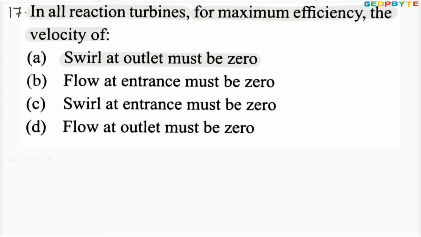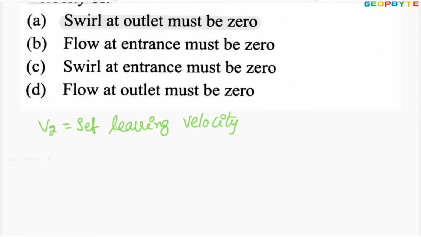Just now, for the previous problem, I told you, if I assume V to be the jet leaving velocity, it is making an angle beta, the jet making angle at outlet.